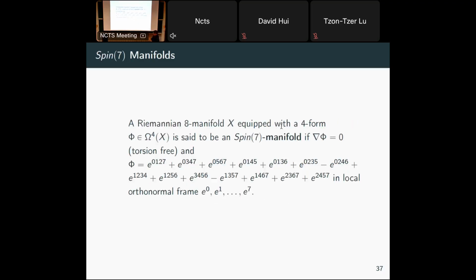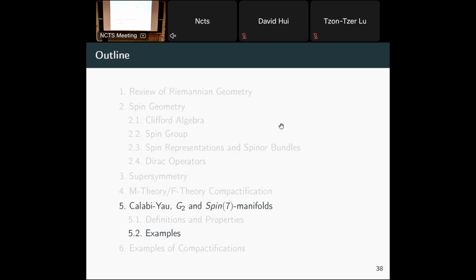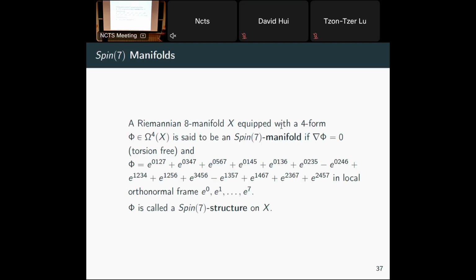I have a 4-form now, and d of that 4-form equals 0. That's the torsion-free condition, and then your Riemannian manifold will be called a Spin(7) manifold. Again, the stabilizer group of this 4-form is the Lie group Spin(7), which I defined before. That's the reason behind calling these manifolds G2 manifolds or Spin(7) manifolds.